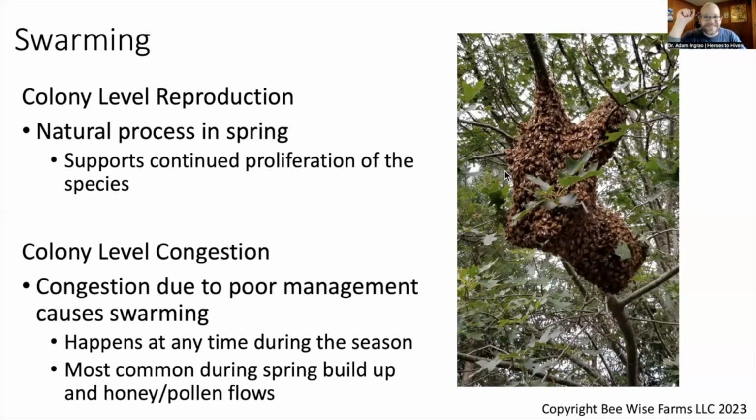Because the queen doesn't have as much space to lay, her brood pheromone will start to decline. And because of how many bees are in this tight space, because you don't have enough space, which is what's creating the congestion, that queen pheromone starts to dilute as well. And so when that happens, the colony reacts by raising a new queen in preparation for a swarm.